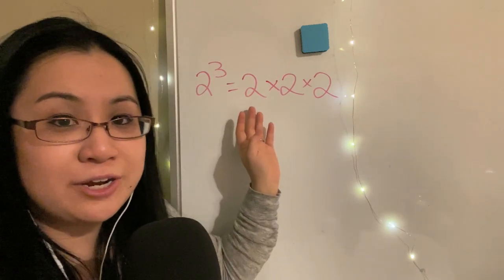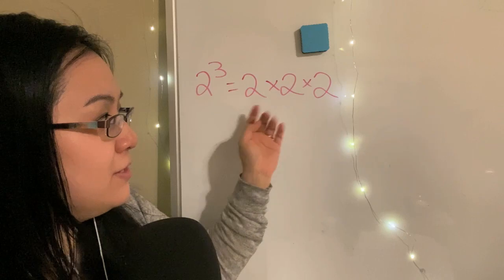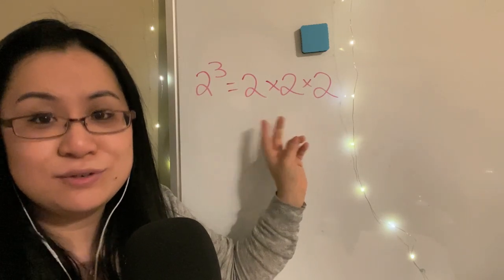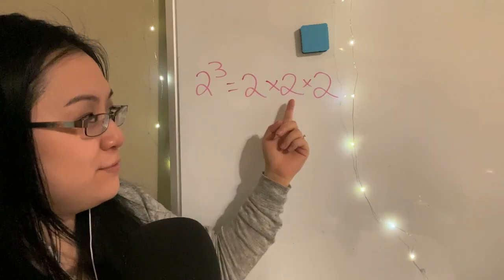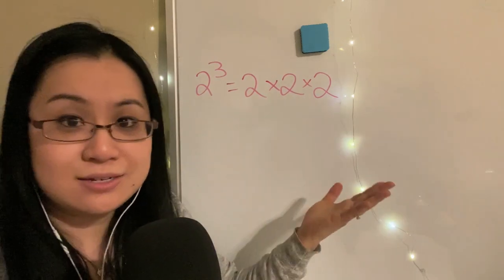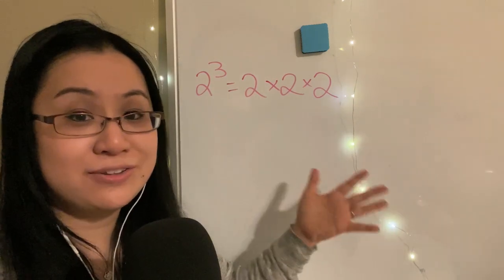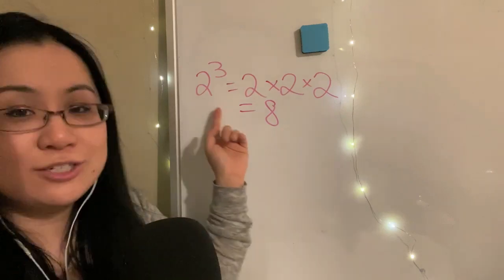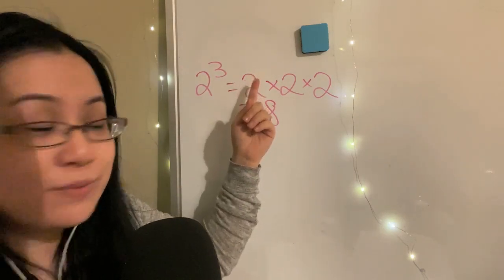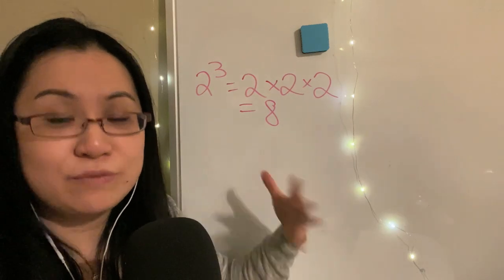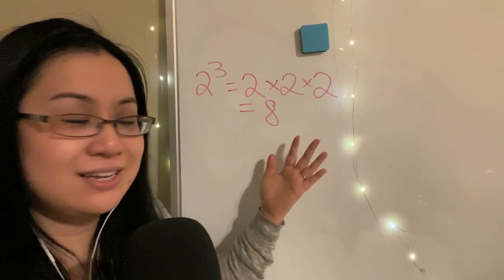And what does that work out to be? Well, 2 times 2 is 4. 4 times 2 is 8. Excellent. That's all that there is to it. 2 to the third power is 8. 2 times itself 3 times is 8.